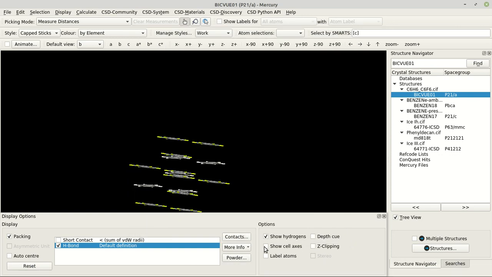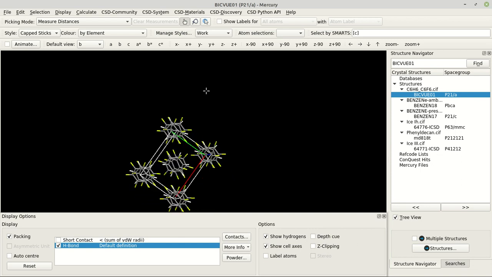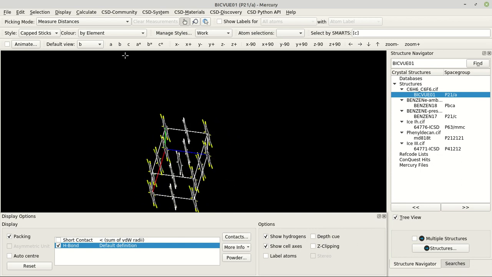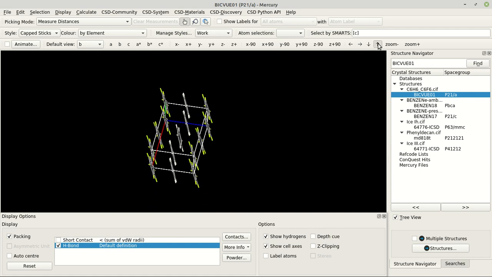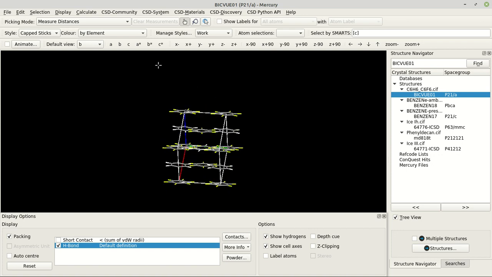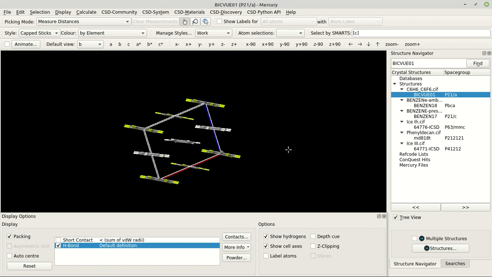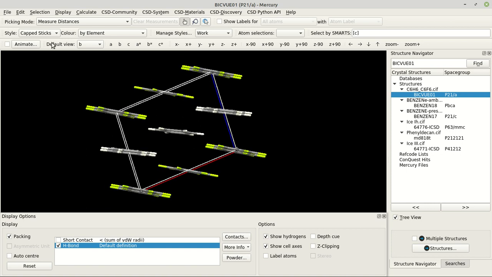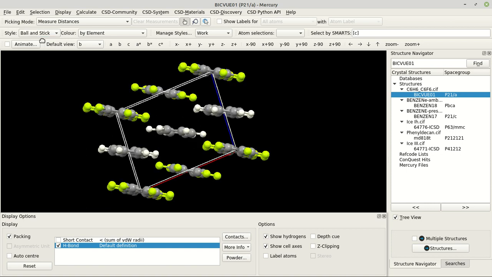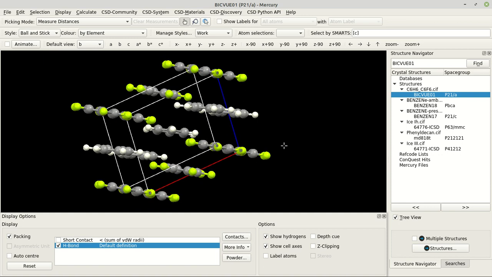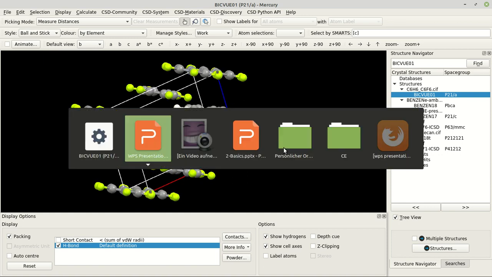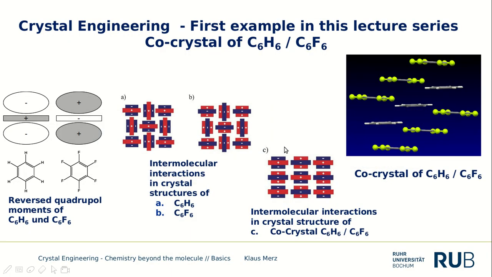This is the packing, the structure. First example of how you can use the results of crystal structure analysis to design your own crystal structures. Okay? Fine. Good.